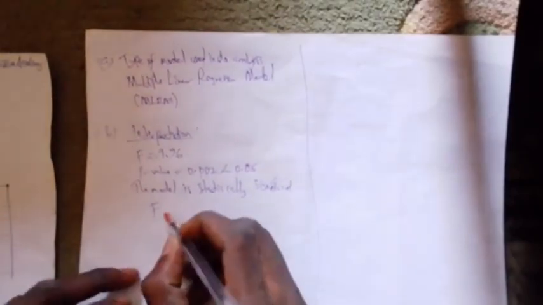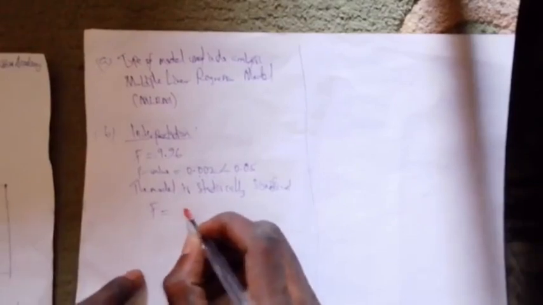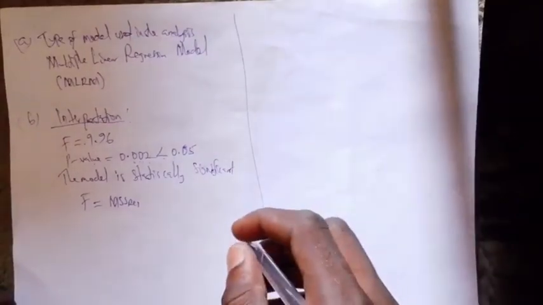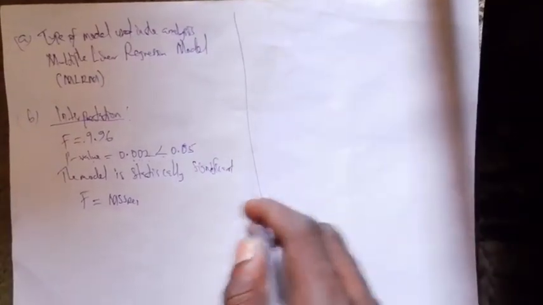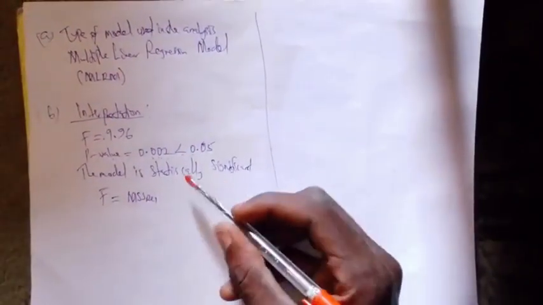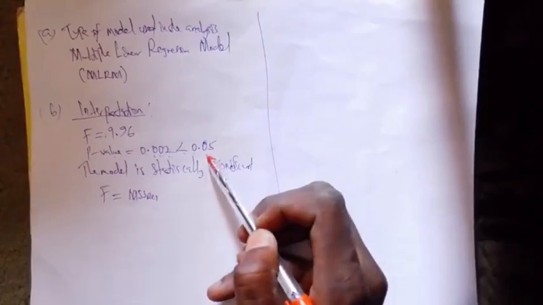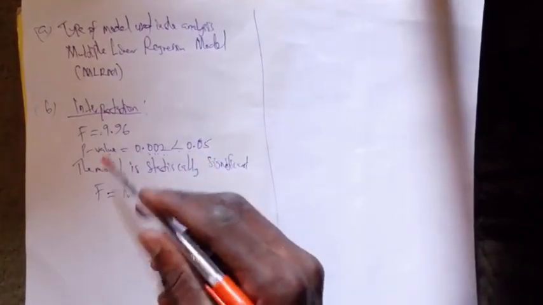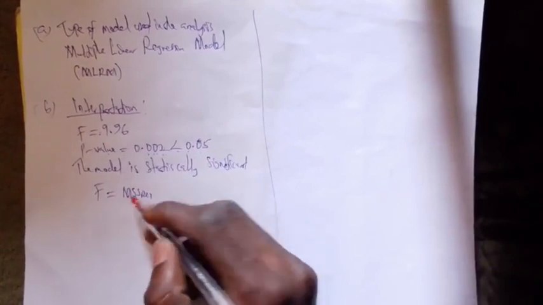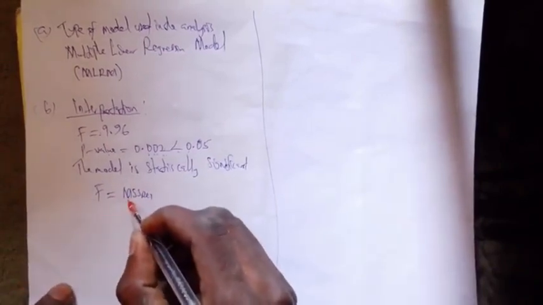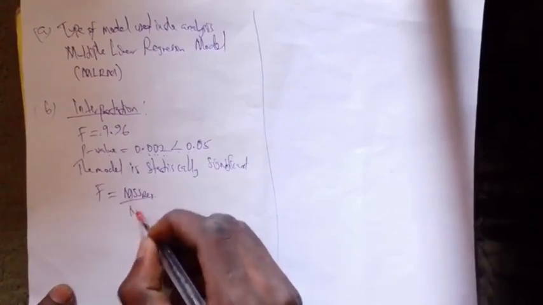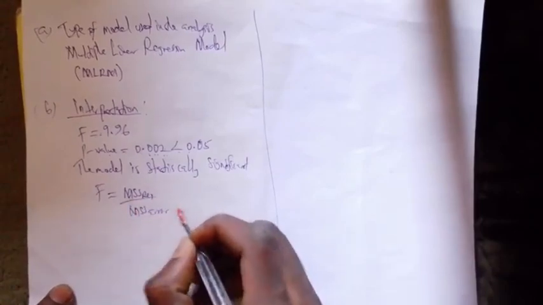If you could remember, F can also be ascertained using this formula. As we were saying earlier, the model is statistically significant because the p-value is 0.002, less than 0.05. Now, this F statistic of 9.96 can be gotten using this formula: MSS regression over MSS error or residual.